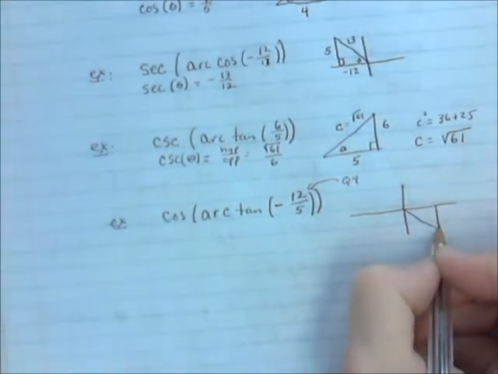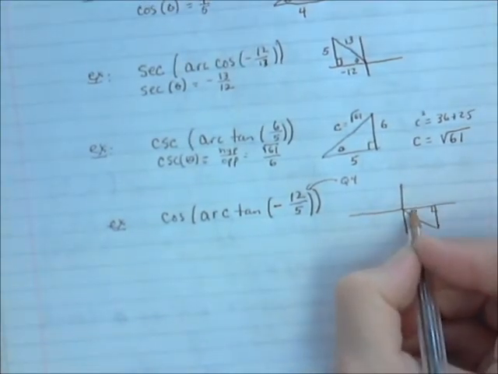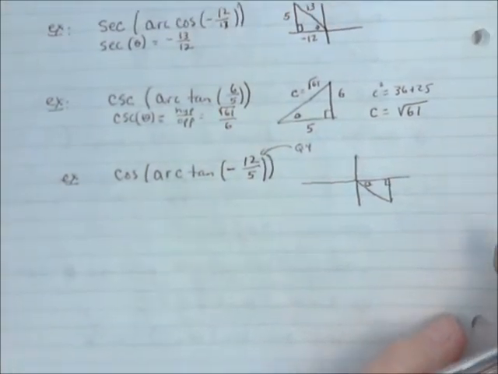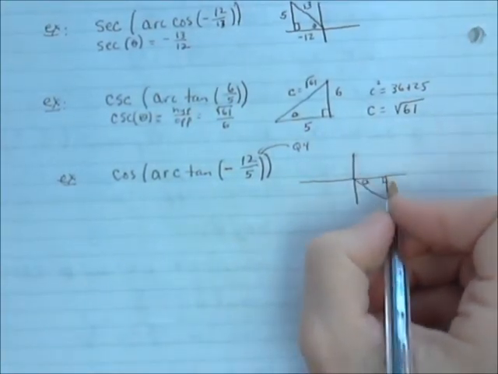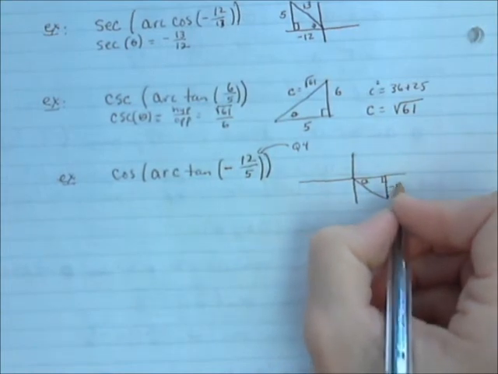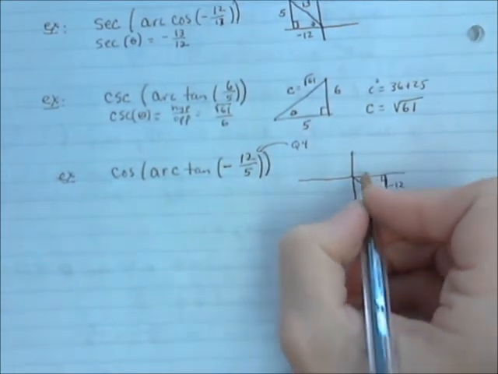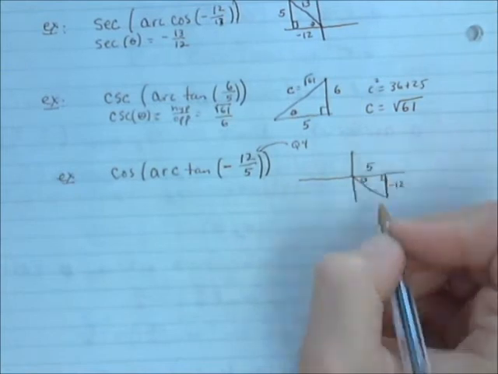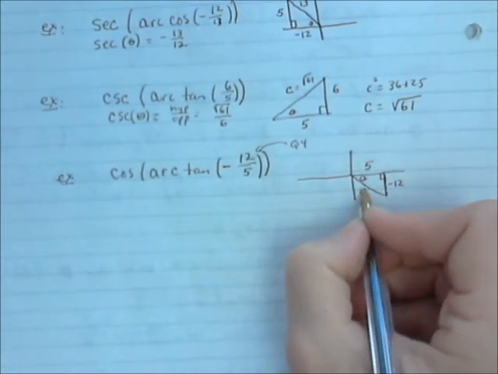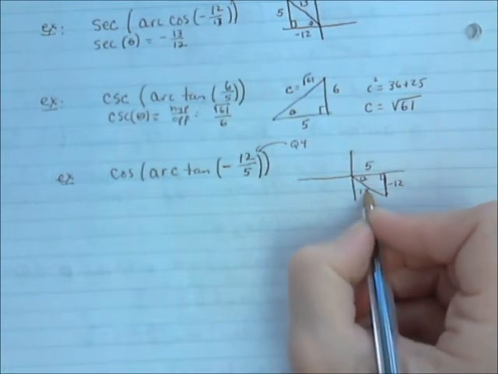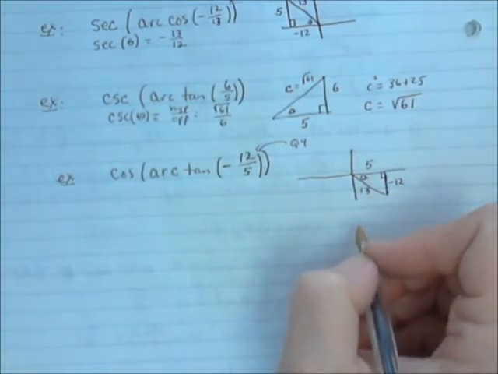So here's our quadrant 4 angle. We'll call it theta. Tangent is opposite over adjacent, so the opposite side is negative 12 because it's going down, and the adjacent side is 5. So again, we have a 5, 12, 13 triangle. The hypotenuse is always positive, so I'll label that with a positive number.